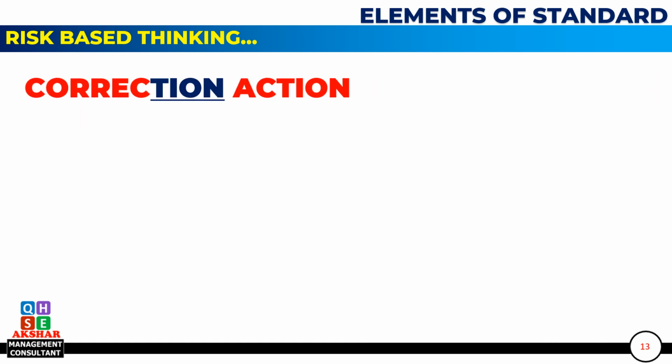Correction action means action to eliminate nonconformity. Corrective action and correction action are not the same. Let us assume there is a fire above the false ceiling. Here, the fire event is called nonconformity.